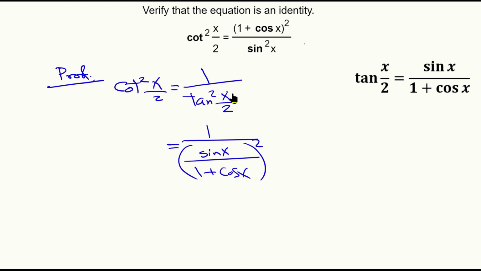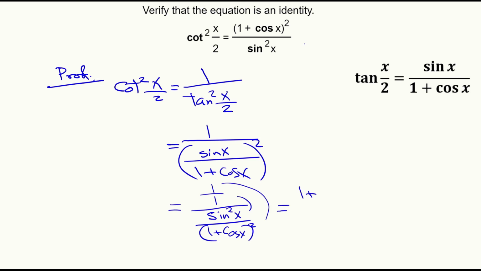So now that's tangent squared of x over 2. And of course, we know that that's 1 over sine squared x over 1 plus cosine x squared. And now we can do the outer over inner trick, and we end up where we want to end up. And with that, we can go ahead and say QED, because that's exactly what we were trying to prove.